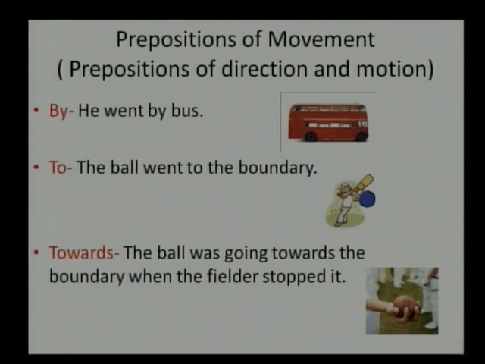Another example is, which you can note down, we are moving towards the light. તો લાઇટની તરફ આપણે જઈ રહ્યા છીએ, તો એ તરફ એટલે ગતિ દર્શાવતો વર્ડ જે છે that is towards, and which is a preposition of movement.